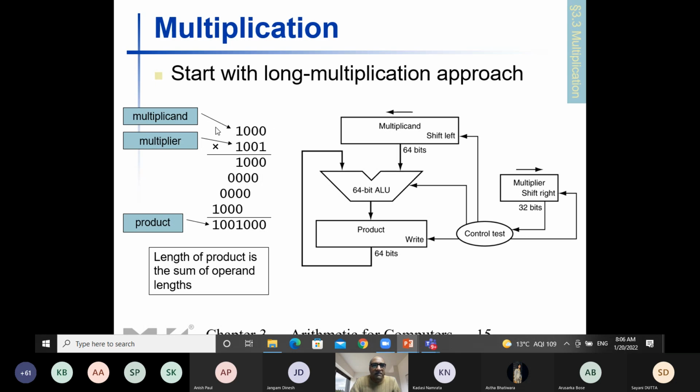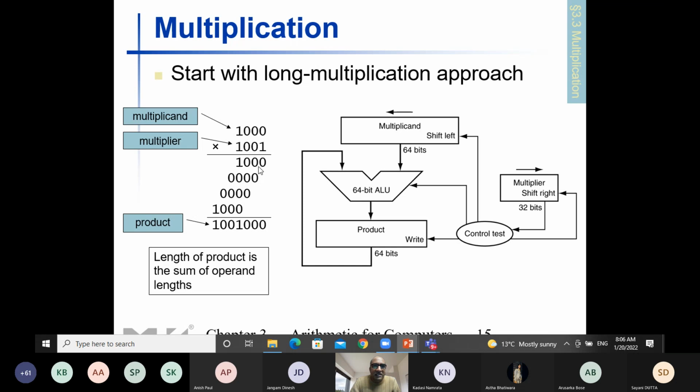The way we do the multiplication is here. The multiplicand will be there, and then we look at the digits of the multiplier, and we perform the multiplication of the multiplicand with each digit of the multiplier, and we get the intermediate products.